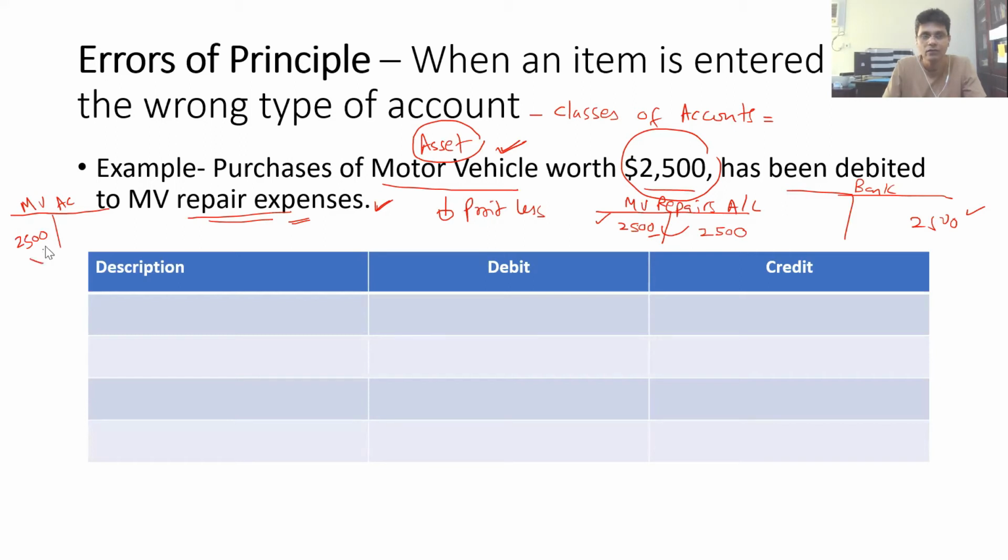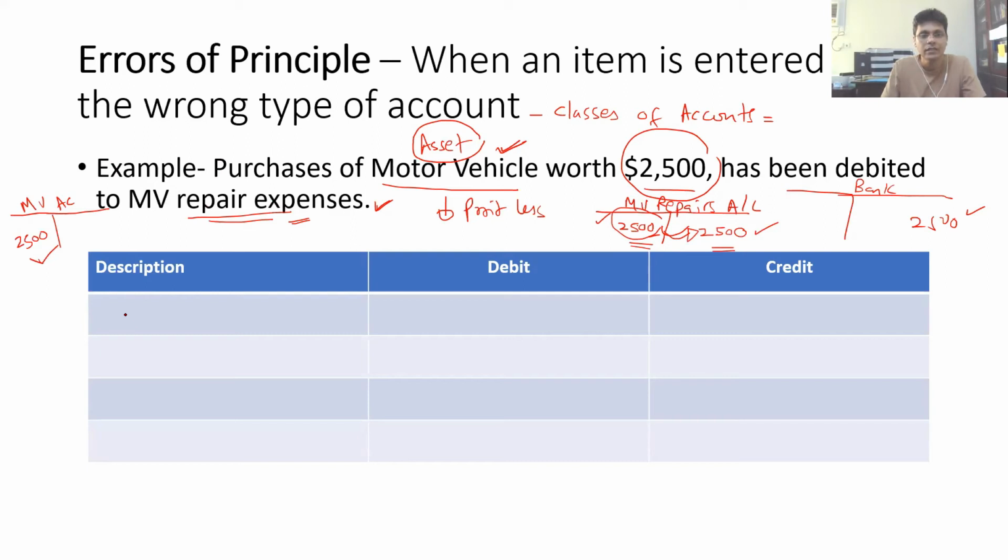Motor vehicle account should be debited and motor vehicle repair account should be credited. Why? In order to eliminate this account, because you debited motor vehicle repair expenses. Okay, so you credit this account and you debit the motor vehicle account.